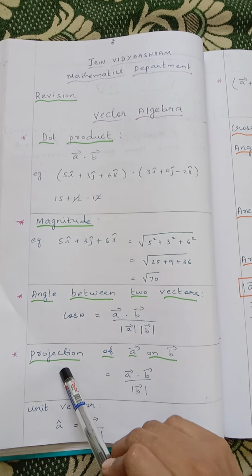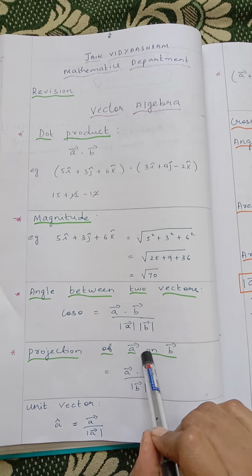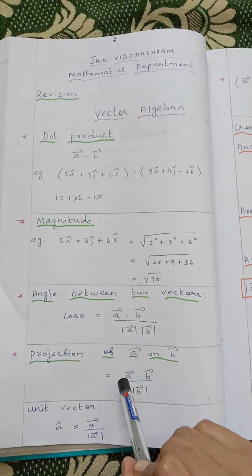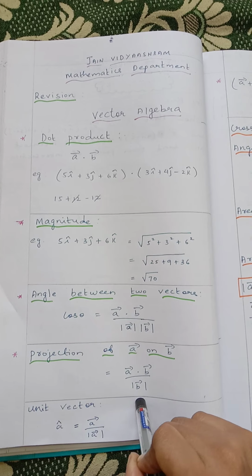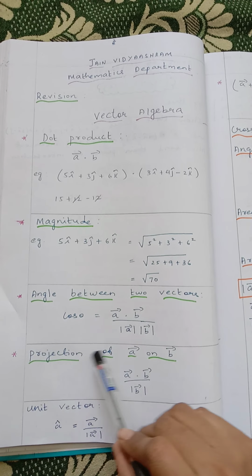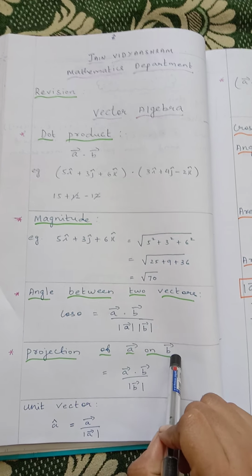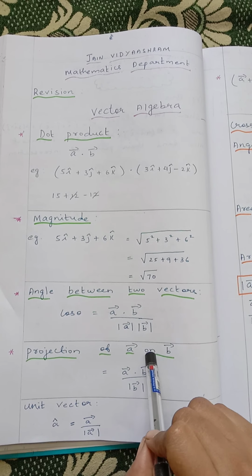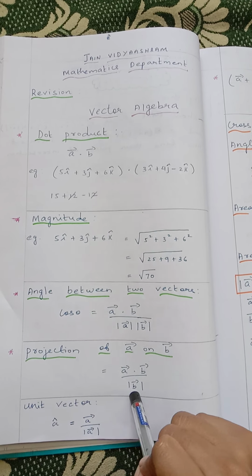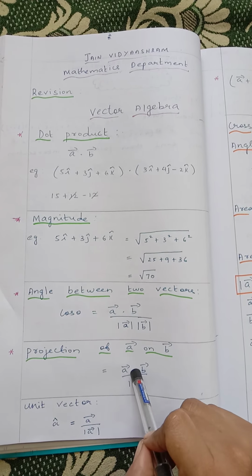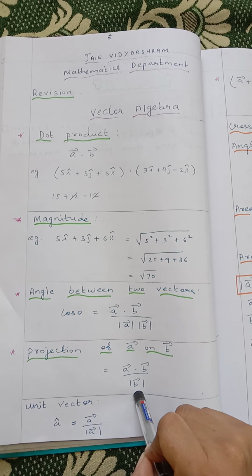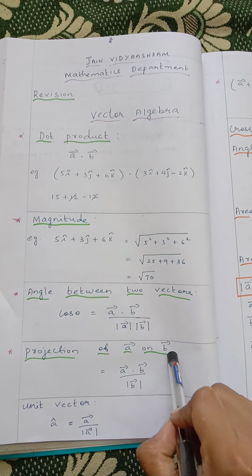The next one is projection of a vector on b vector, right? A dot b by magnitude of b vector. Suppose you have projection of b on a, the vector which comes after 'on' should come in the denominator. So a dot b by magnitude of b is the projection of a on b.